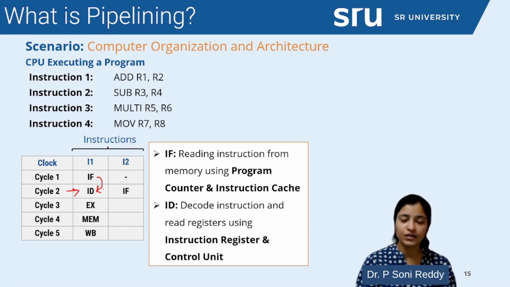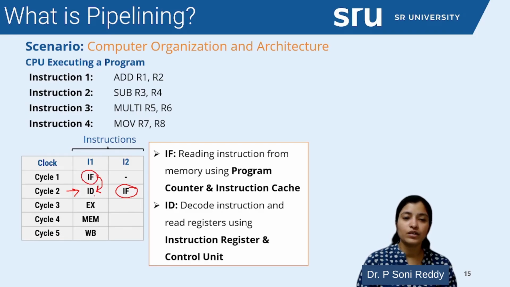And as the decode stage of instruction 1 has already started, then your memory read cycle, that means I can now start with reading the second instruction in the lineup. So I will start with instruction fetch in this second clock cycle as soon as my first instruction fetch is completed.